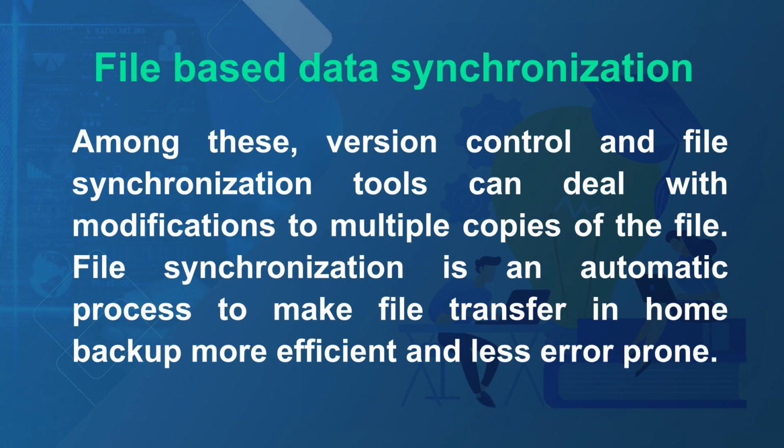File synchronization is an automatic process to make the file transfer in home backup more efficient and less error prone. When many users try to modify a file simultaneously, version control tools are required to assure data synchronization.